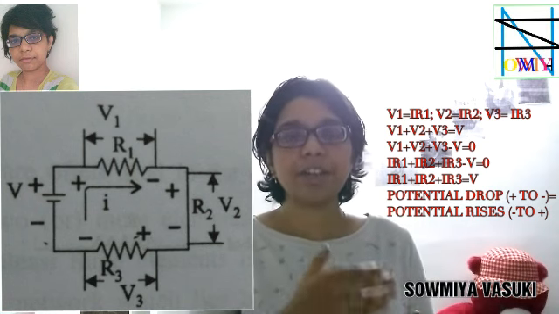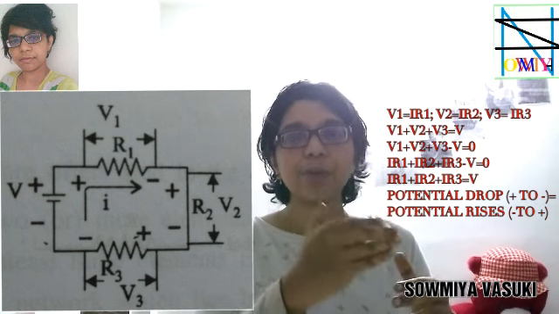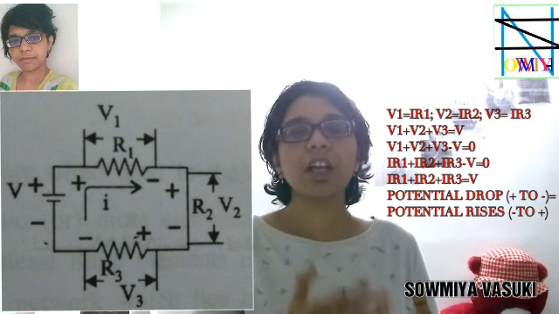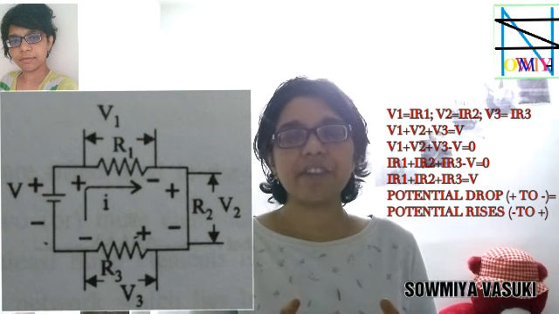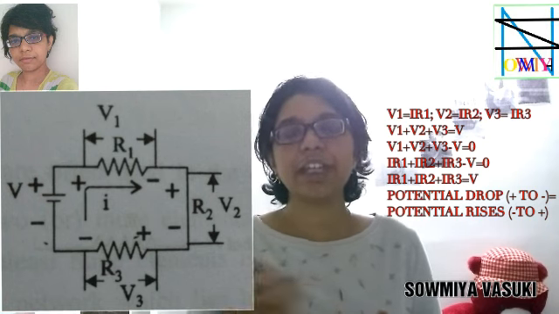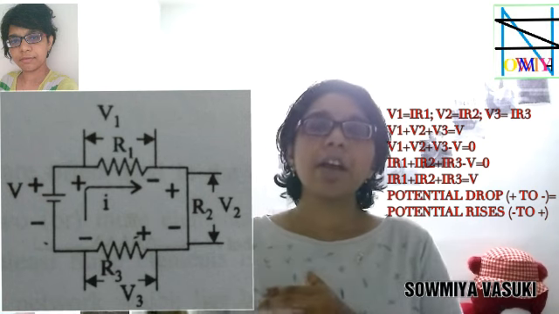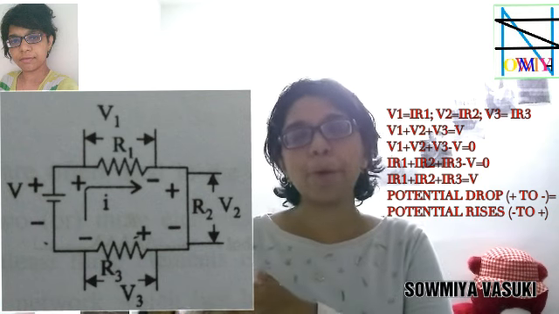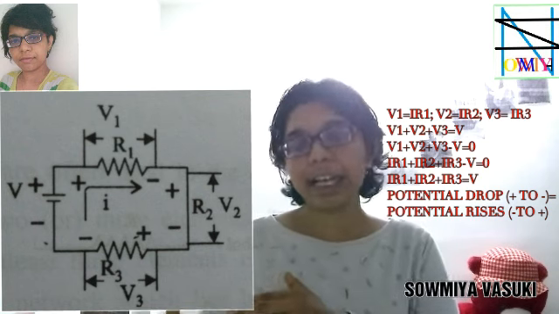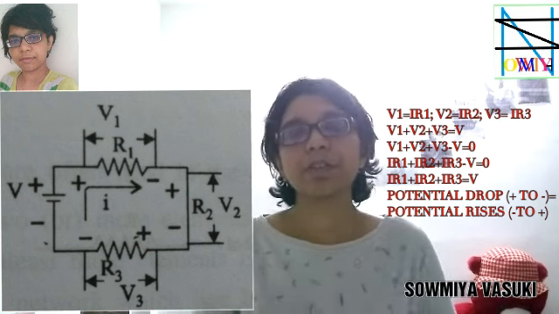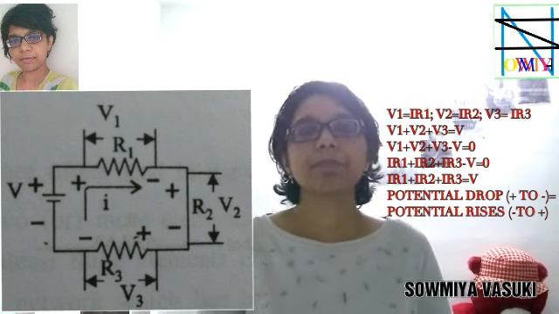Potential drop means positive to negative. The voltage at a voltage source and current source is said to be a potential rise, negative to positive. So active networks are considered as potential rises and passive networks are considered as potential drops.